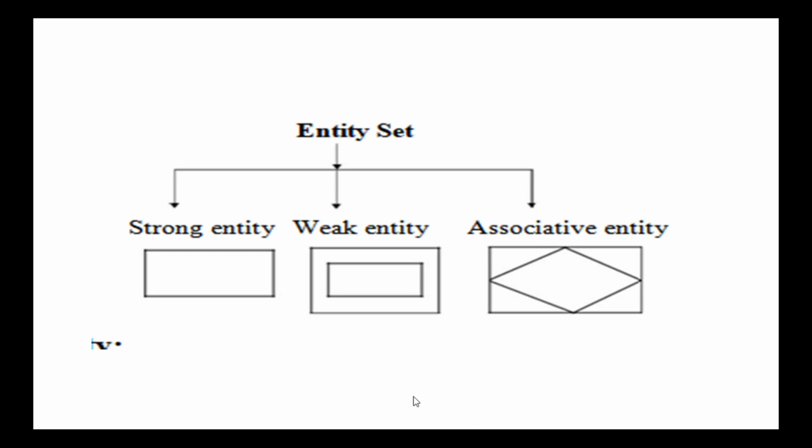A strong entity is a rectangle symbol, a weak entity is a double rectangle symbol, and an associative entity is a rhombus inside the rectangle symbol. So there are three types of entity sets: strong entity, weak entity, and associative entity.